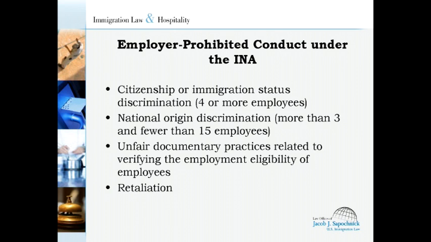It applies to employers with 4 or more employees, and basically, employers cannot discriminate against the employee based on the immigration status. So whether the person is or is not a U.S. citizen or a work-authorized individual. As an example of citizenship or immigration status discrimination, we can say if employer has a hiring policy to prefer Americans, that would be considered immigration status discrimination.